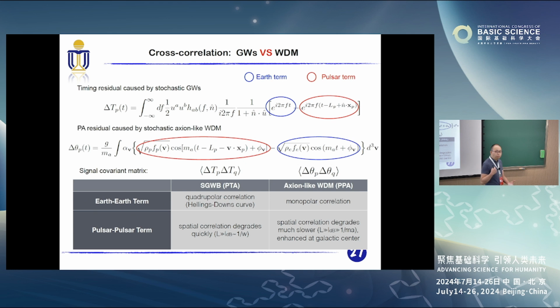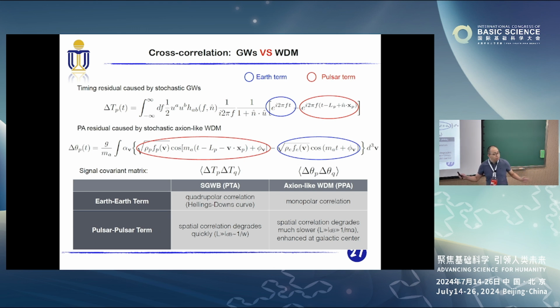So its de Broglie wavelength and its Compton wavelength are the same, both of which are about several parsecs. And for the spatial correlation, the de Broglie wavelength is the length scale that characterizes this correlation effect.